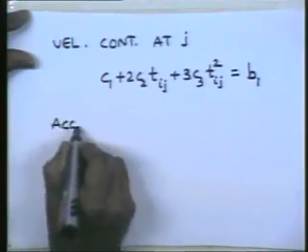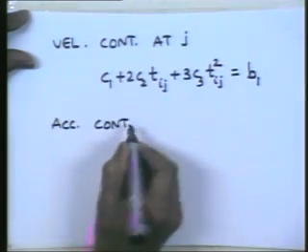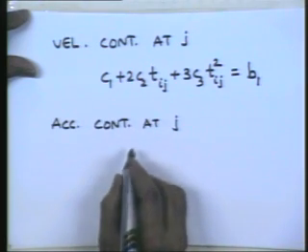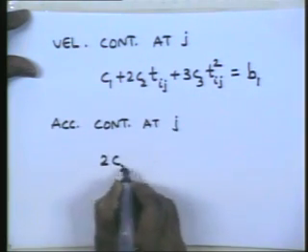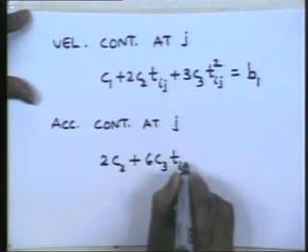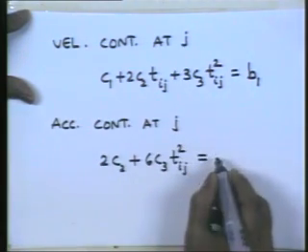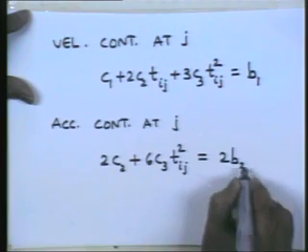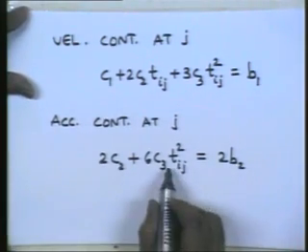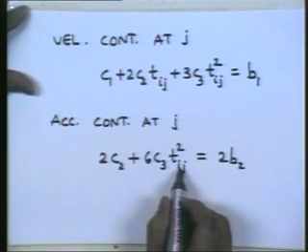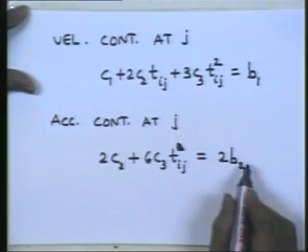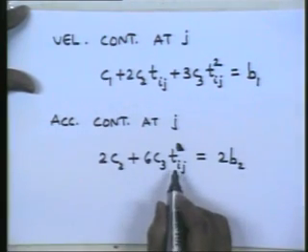Acceleration continuity at j will mean that you have 2 C2 plus 6 C3 Tij is equal to 2 B2, because tau is 0 for the jk segment and tau is equal to Tij here.